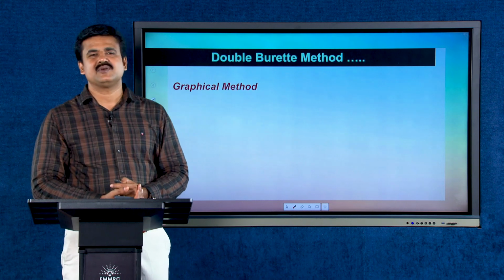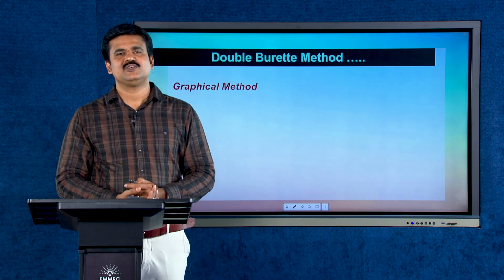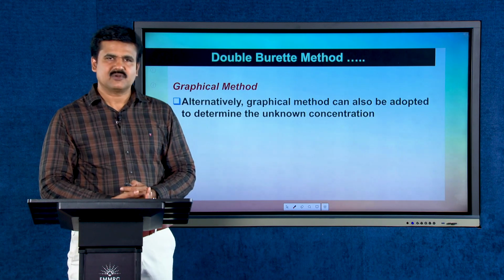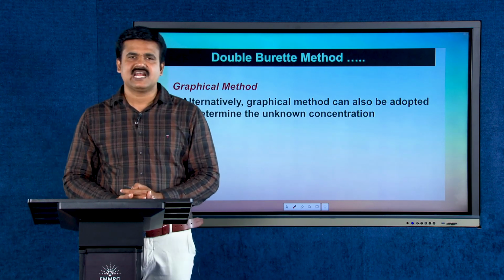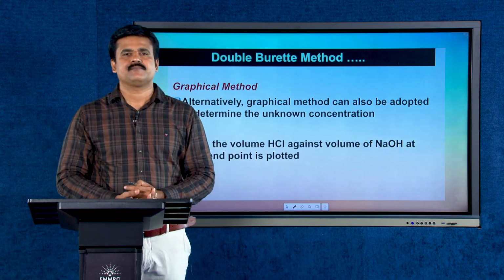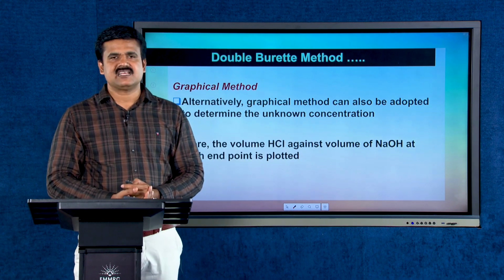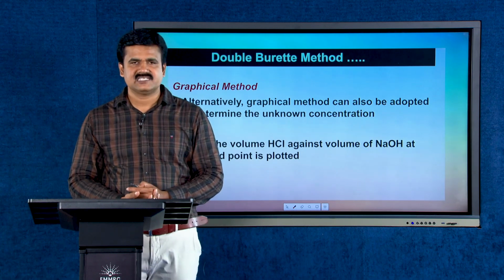It is also possible to find the final value of the normality using a graphical method. Alternatively, a graphical method can be adopted to determine the unknown concentration. For this, the volume of HCl against the volume of NaOH at each endpoint is plotted.